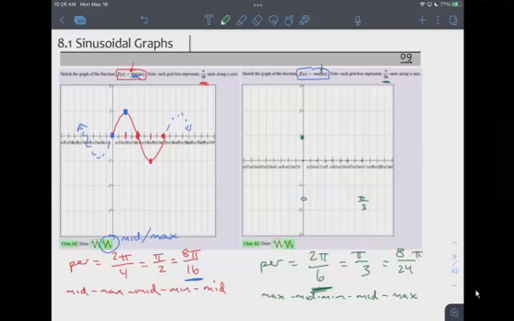So if we look halfway between the 0 and 8 pi over 24, we get 4 pi over 24, and cut each of those in half as well. So here are our 3 critical points. And if we label, we start at a maximum, a midline, a minimum, a midline, and a maximum. So that right there is one period of the graph for this equation.